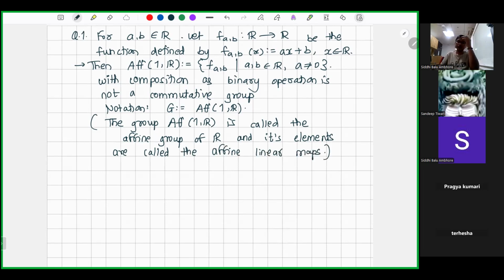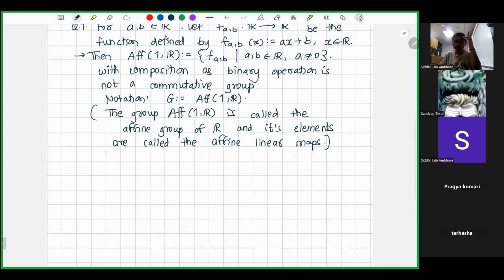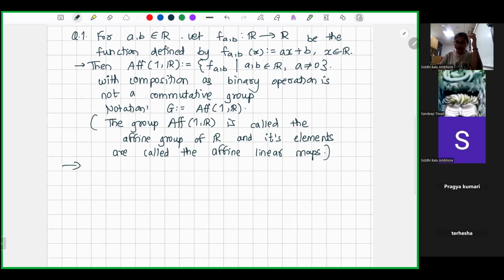Okay, so this is just extra information which is given. See here, when they write this statement, they have already said that this is a group. So we have to prove that this is a group but not a commutative group. So for this given set, we need to check first of all that it is a group, and then that it is not a commutative group.